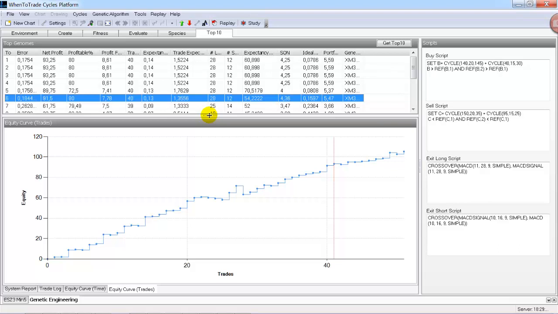Instead of letting the evolution run against profitability or whatever, it's more interesting to have a stable equity curve. So here, as you can see, we have a quite upsloping equity curve. And the interesting point to mention is that the equity curve is upsloping in the out-of-sample period too. Just after the analysis, the system went with the same slope upwards.